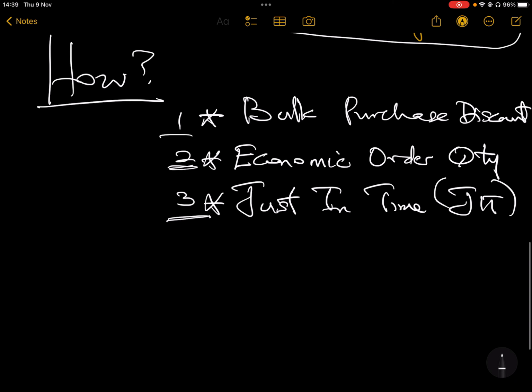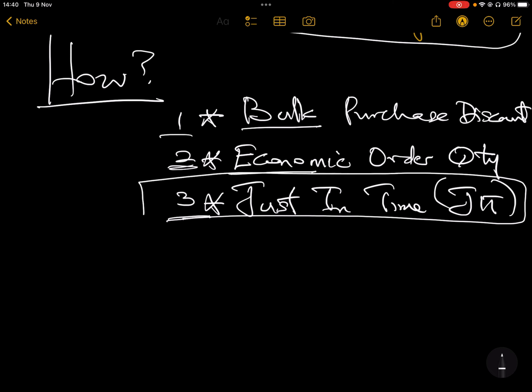And how this can be tested is usually you have a question, and the question will ask you whether a company should adopt the bulk purchase discount method or economic order quantity, or might even ask you whether the company should stay as it is, which means status quo. The just-in-time approach, most times you won't need to do a calculation on this.